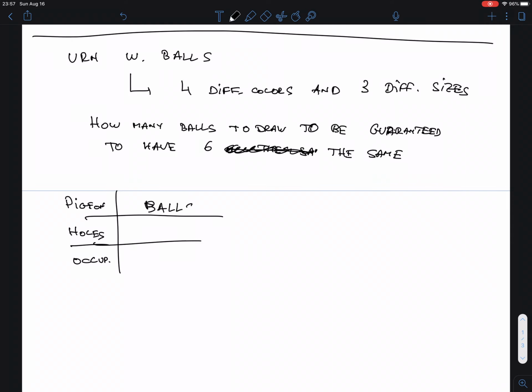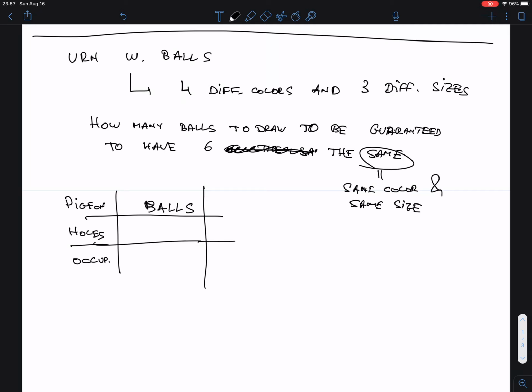What are the holes? Well, we want them to be the same. What does that mean? The same means same color and same size. That's when we call them the same. A small red ball is different from a big red ball, right?